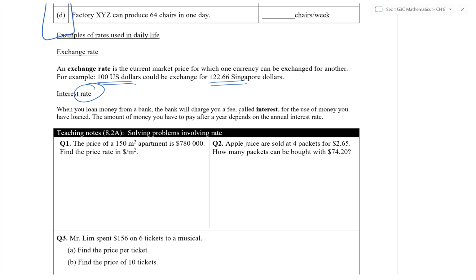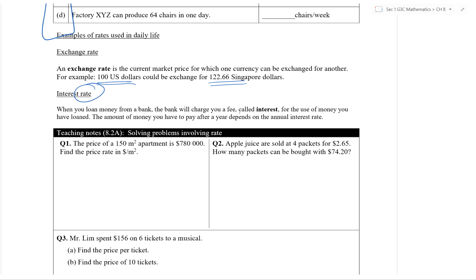So if the interest rate is high, you need to fork out more money. So when you want to borrow money, you look for a bank that has low interest rate, as low as possible. But if you want to invest your money in a bank, then you look for a bank that gives you high interest rate so that they will give you more money, depending on how much you put in.